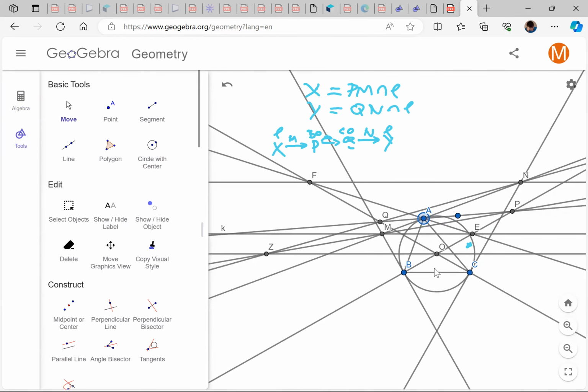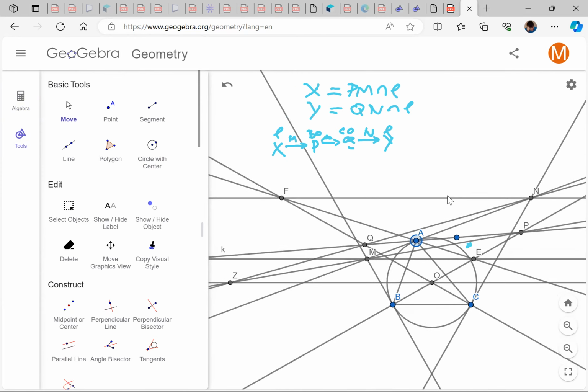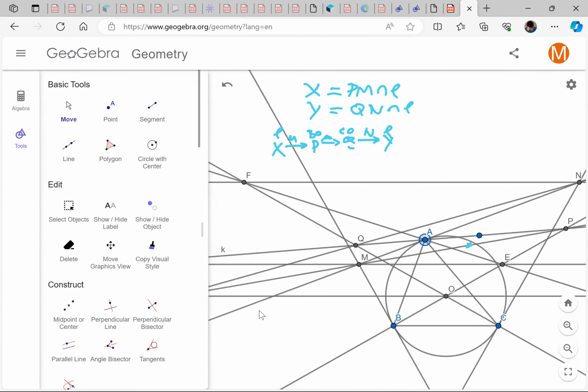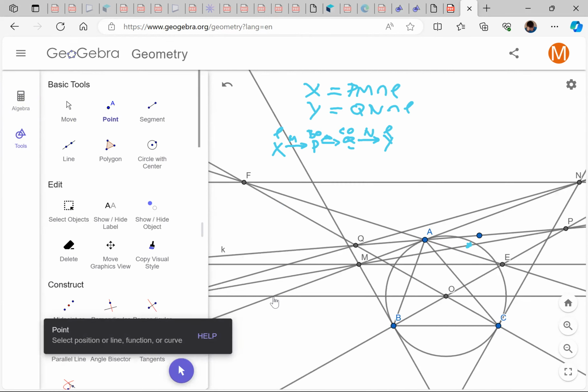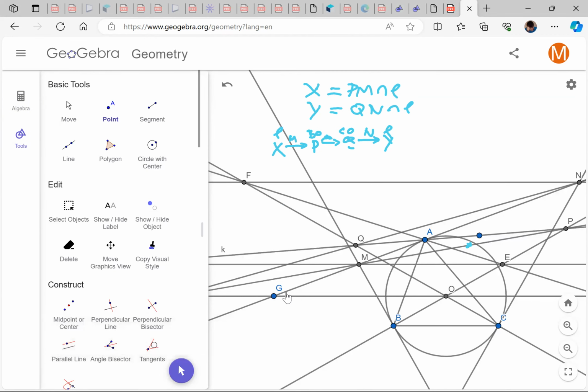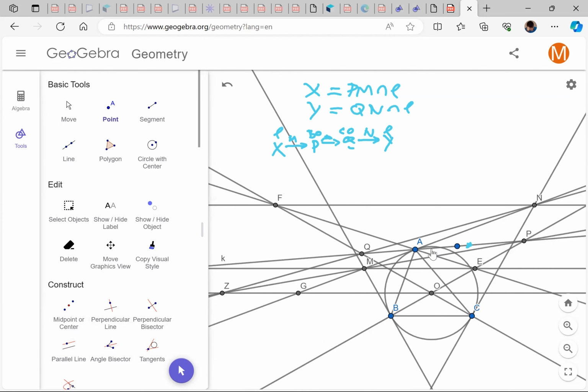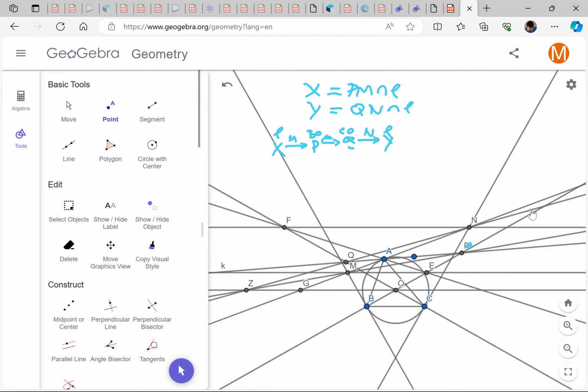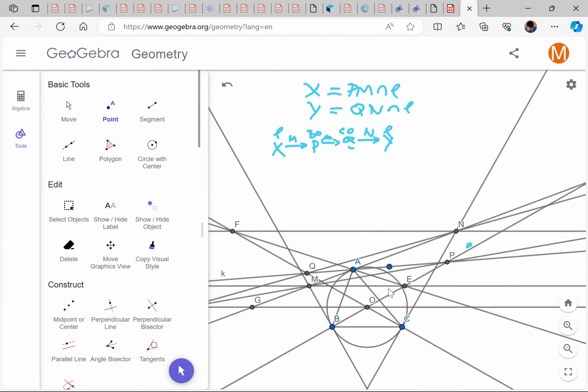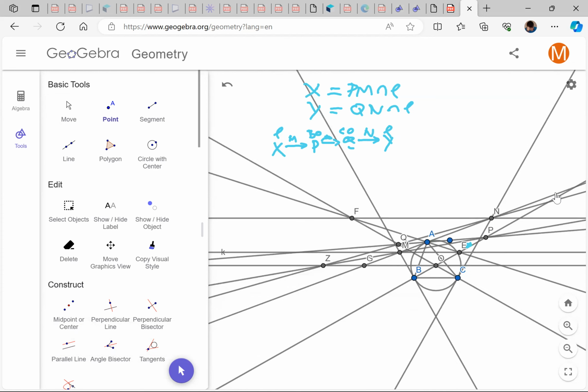Alright, so first thing is, what was it called? Oh yeah, the point where the tangent meets line L, right? So I'm gonna have to define that. I'm literally just gonna use whatever name it gives me. It's G now. Okay, and then it goes through M to BO, so I'm gonna have to define GM intersect BO, which is over here.